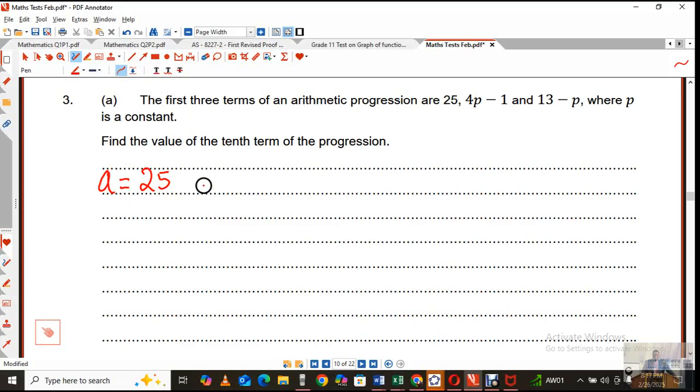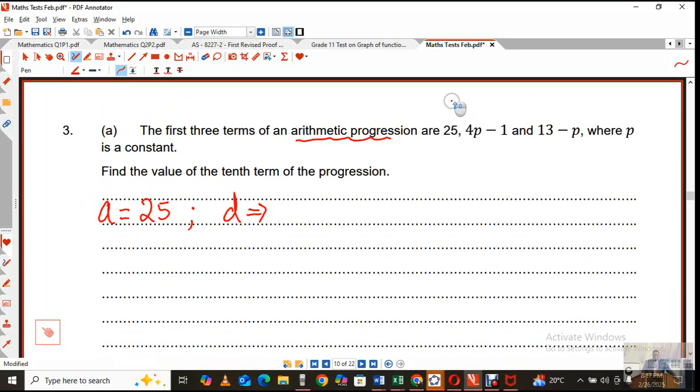What do we need to determine? We know that since it's an arithmetic progression, an AP, that the common difference will naturally be calculated by taking the first term, let me just write down so you can get the gist of the matter. This is 25 is the first term. This over here is my second term.